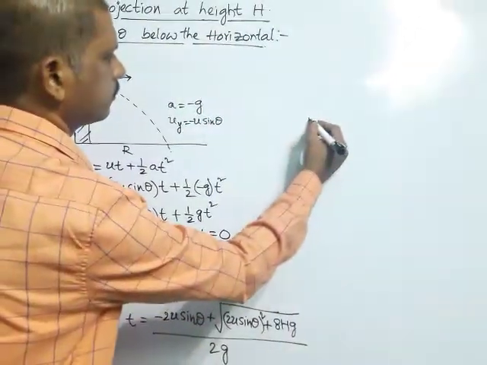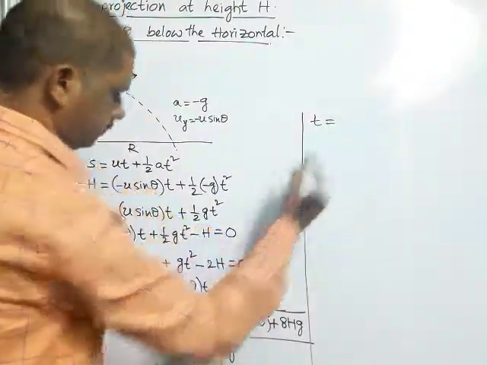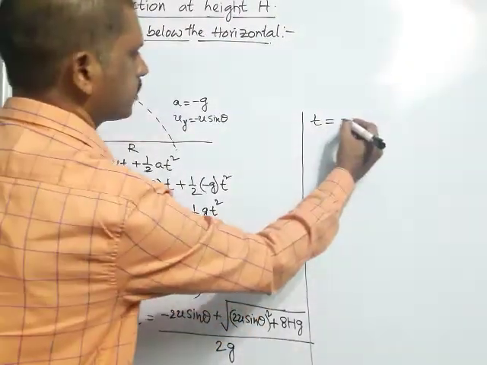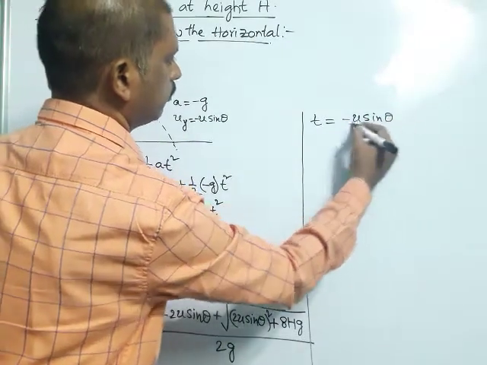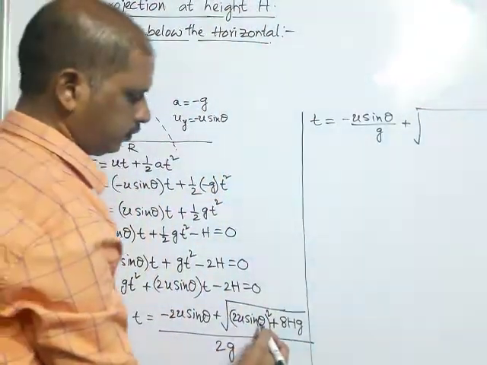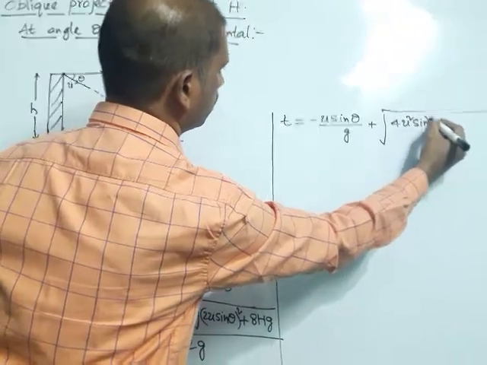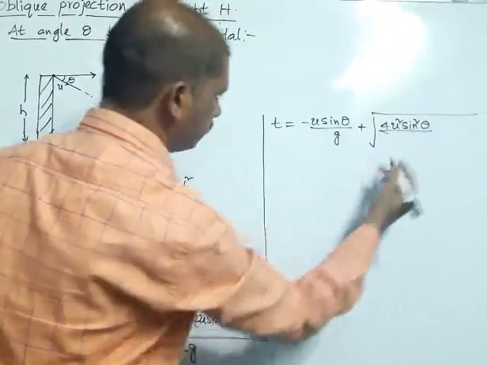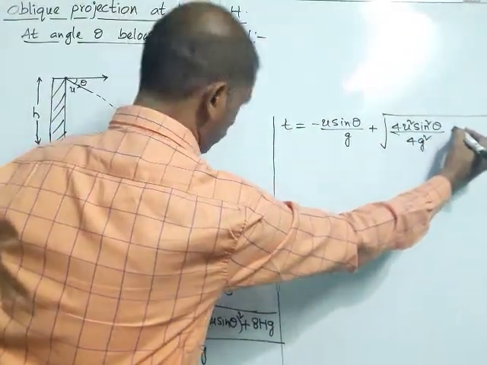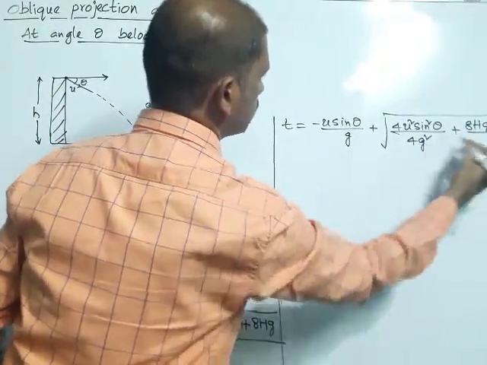So t is equal to minus 2u sine theta by 2g, the 2s cancel. So minus u sine theta by g remains here, plus under root, you can take 2u sine theta whole square, meaning 4u square sine square theta, by 2g. I am bringing it under root, so 4g square I can write, plus 8hg by this 4g square again.